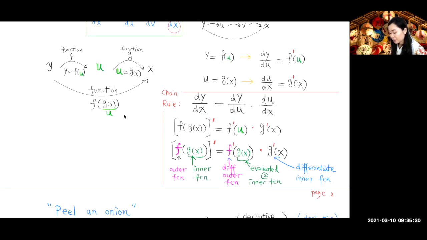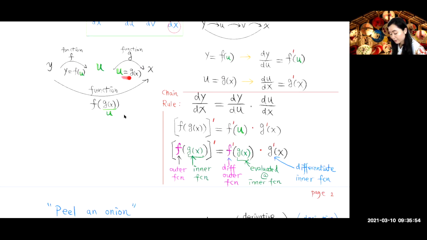U is equal to g of x. So du/dx is g prime of x, the derivative of u with respect to x. Now the u over here is equal to g of x, right?